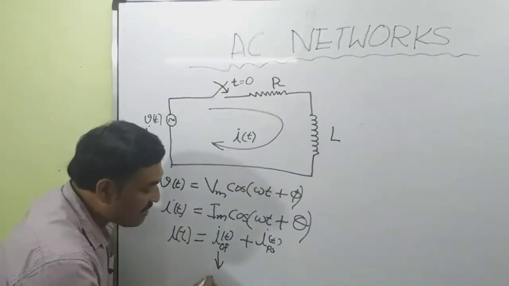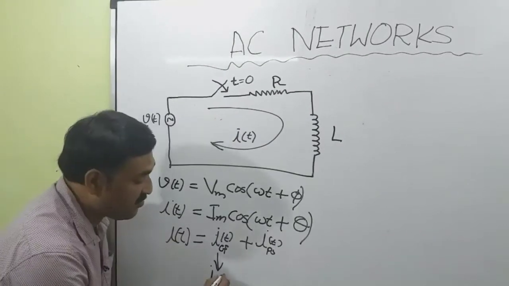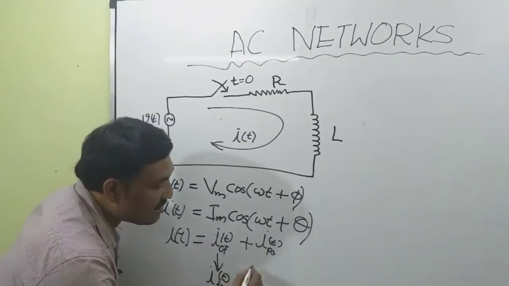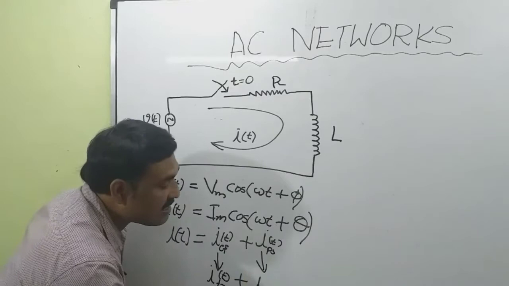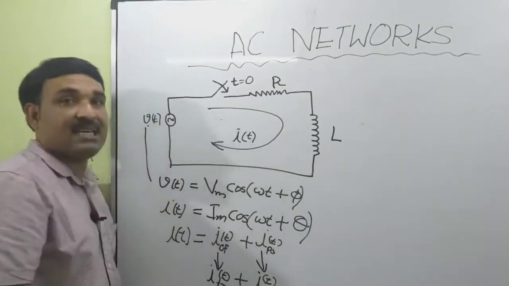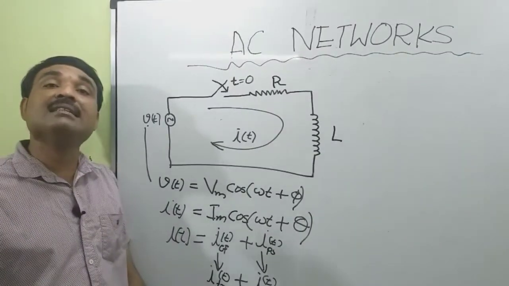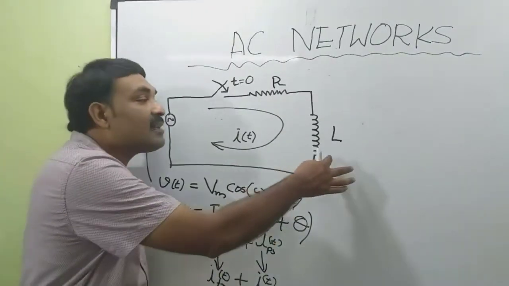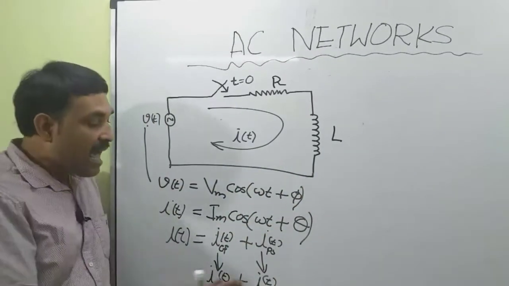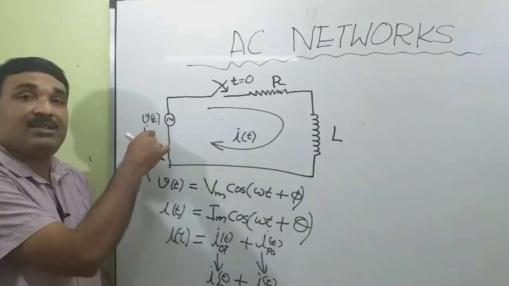So I can write this as i suffix TR of t, where TR stands for transient response, plus the particular solution, which is equivalent to the steady state solution i suffix SS. Now this transient response is due to the energy storing element. Here the energy storing element is the inductance, and the steady state response is due to the input applied.